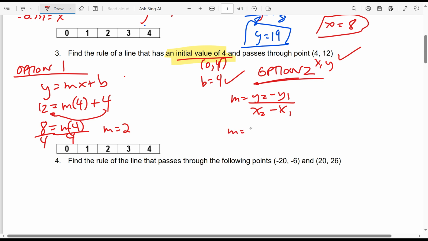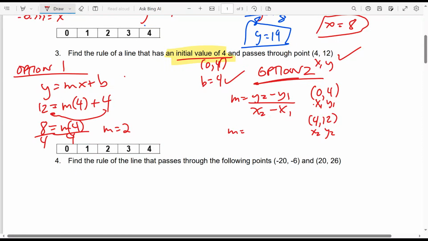Okay? So I'm just going to label 0 and 4 as x1, y1, and 4 and 12 as x2, y2. It does not matter whether I call that guy x2, y2 or this one x2, y2. What matters is that x1 is paired with y1.